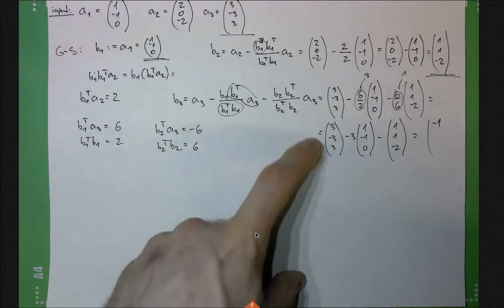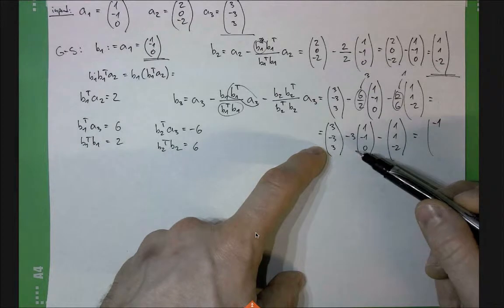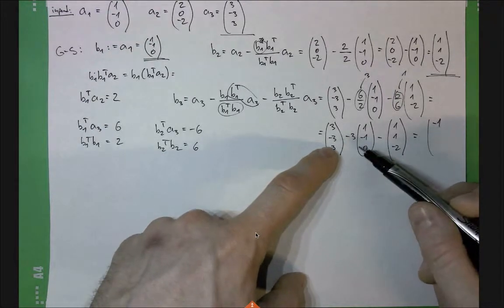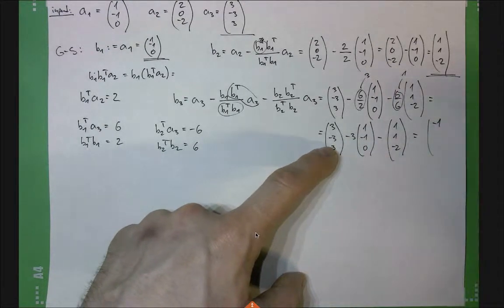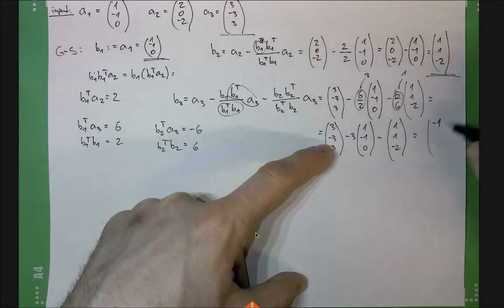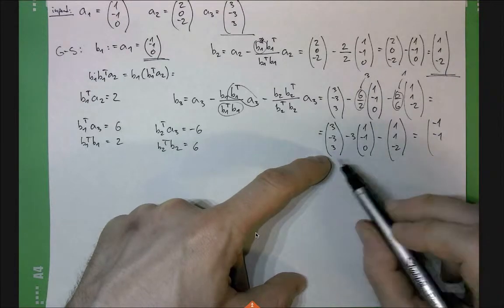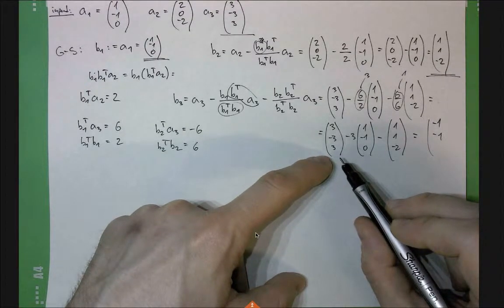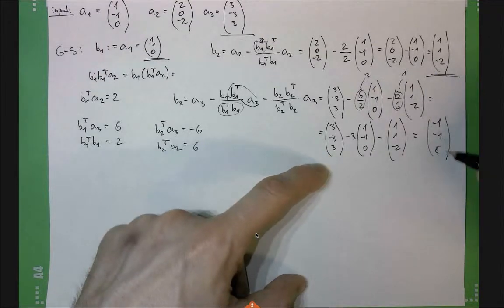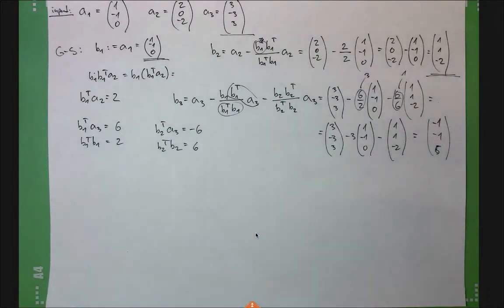Is that right? I'm not sure if I did it all completely correctly. Let's see, minus 3 plus 3, that disappears, and there's another minus 1. And this is 3 plus 2 is 5. That looks a little weird to me.